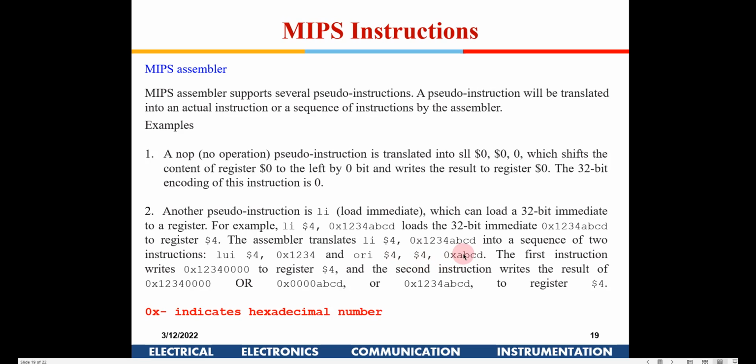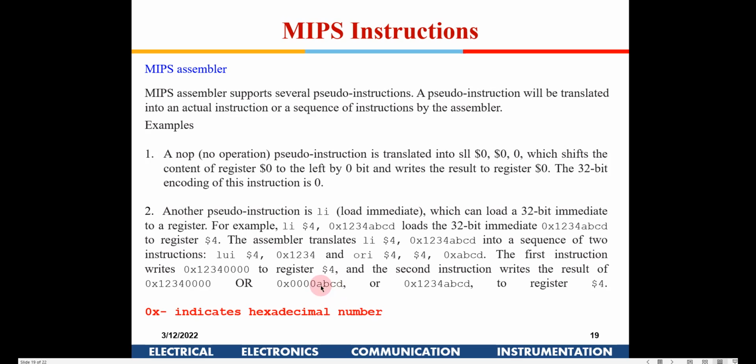When I load this data, the lowermost bits will all be zeros. So only the upper half will get data written as 1234, and the rest will be zeros. Then when I do an OR operation after that with ABCD, the next lower 4 hexadecimal digits also get written into the register, that is, the lower 16 bits.